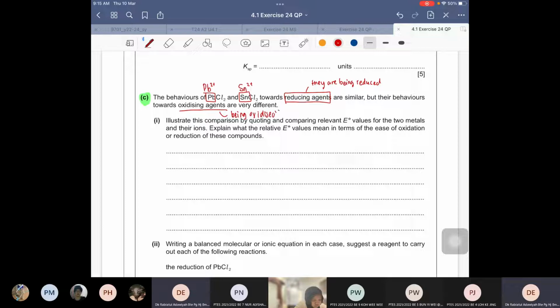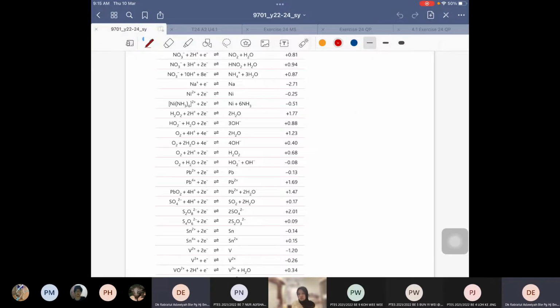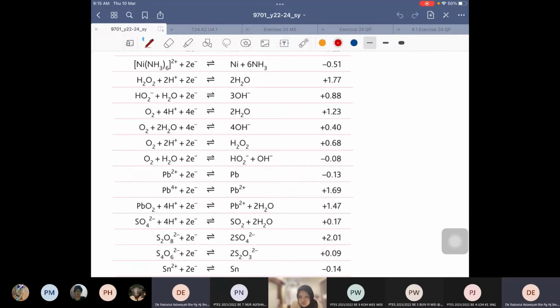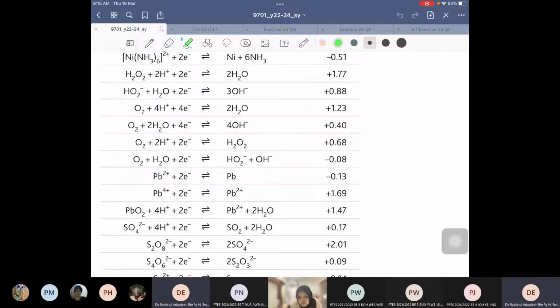So I need a few equations and values. Illustrate this comparison by quoting and comparing relevant E-note values for the two metals and their ions. Explain what the relative E-note values mean in terms of the ease of oxidation and reduction. So we have to comment how easy or how difficult they are being oxidized or reduced. So I am interested in Pb2 plus. So if you see Pb2 plus here, and there's another equation that involves a Pb2 plus, going forward is reduction, and going in reverse is oxidation.